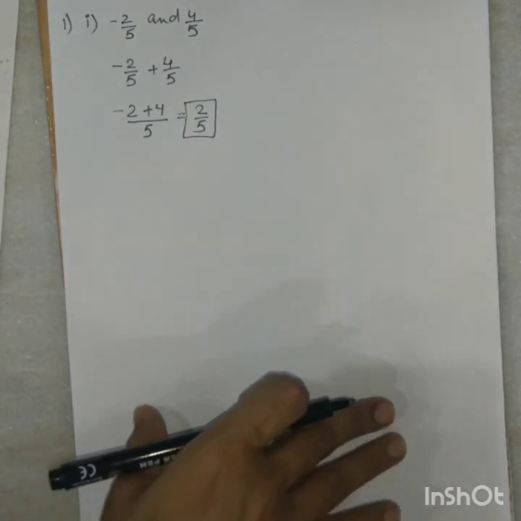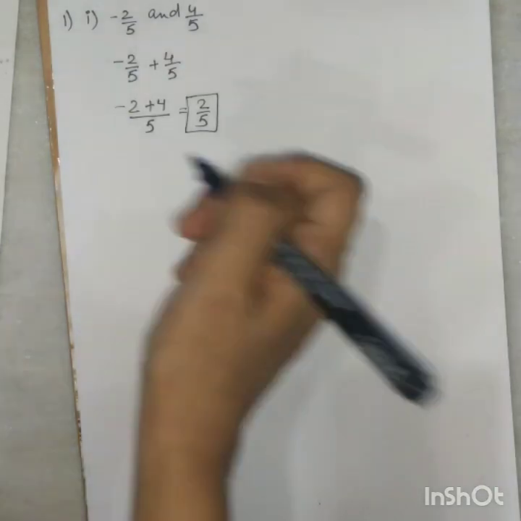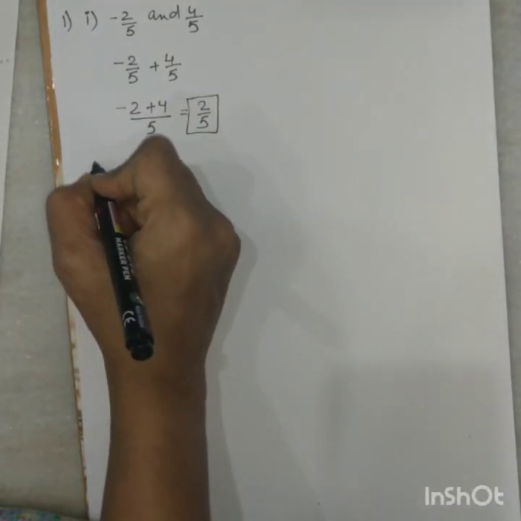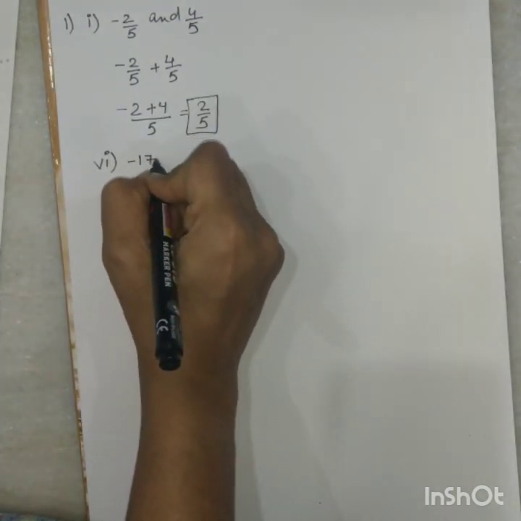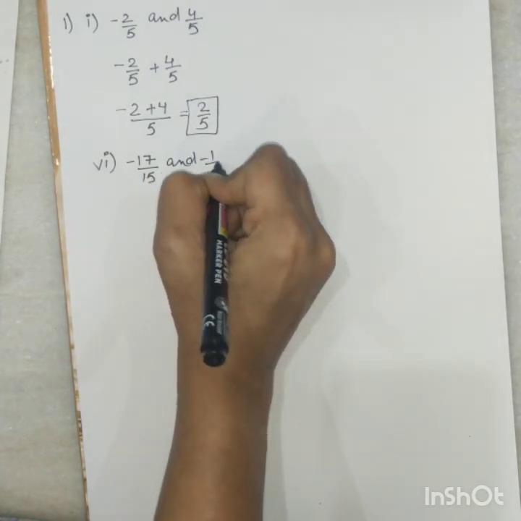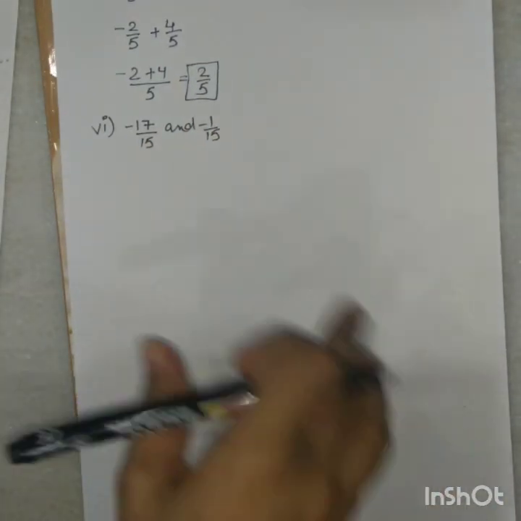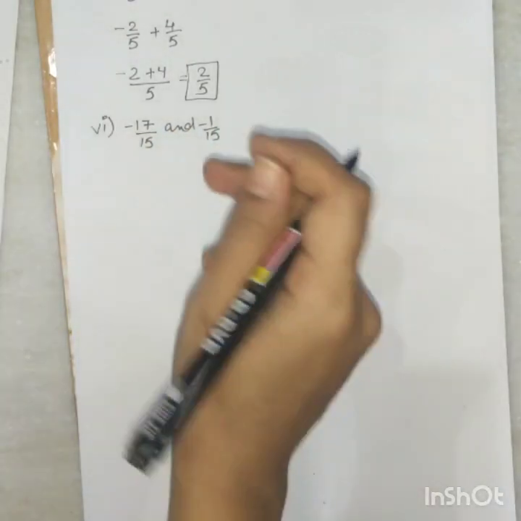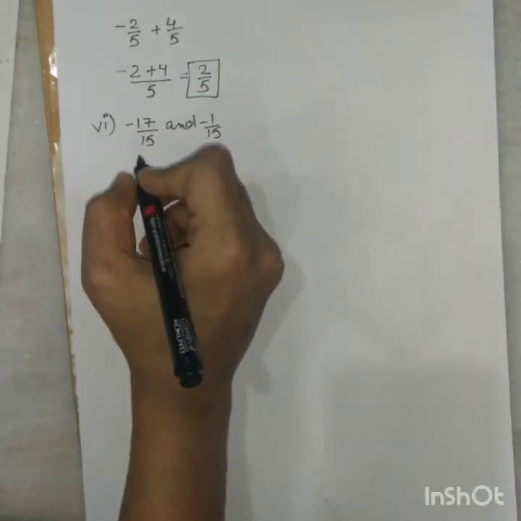One more I'll do for you so that other parts you can solve on your own. So I'll do sixth part for you. Sixth part is minus 17 upon 15 and minus 1 upon 15. In this you can see both are minus, but what are we doing? We are adding, as given in the question.